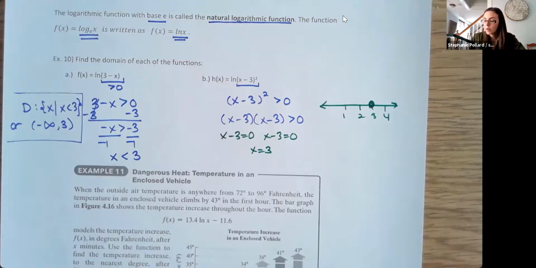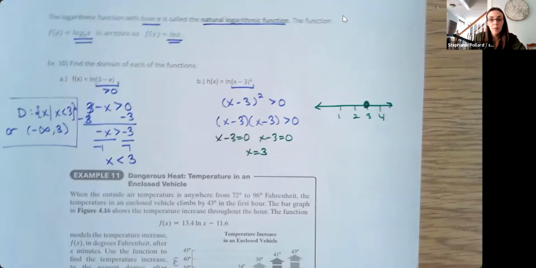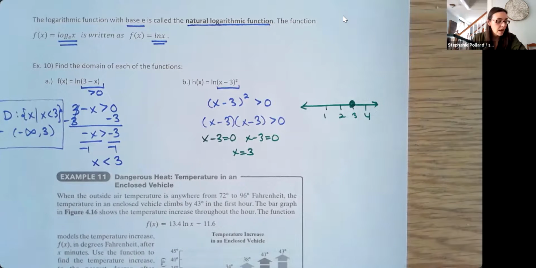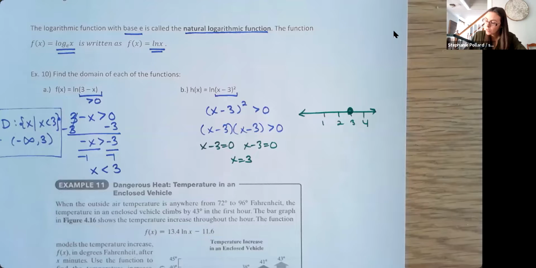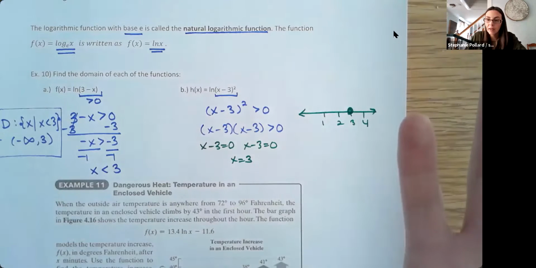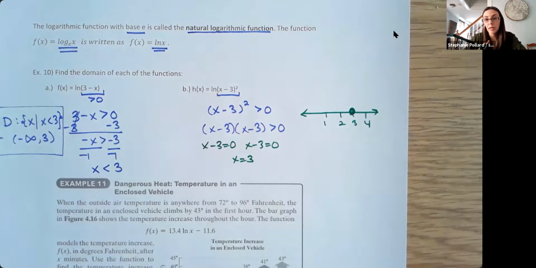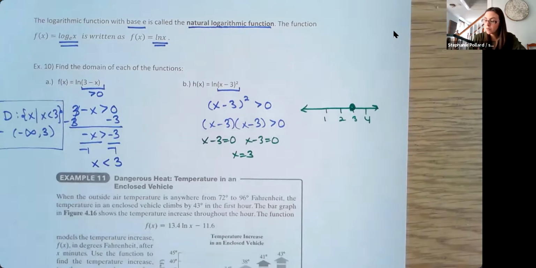So we created that boundary point, and then we were able to test and see what our issues were here. So I have to pick a test value in each area, and this goes back to chapter 3. So if you don't remember how to solve inequalities with polynomials or rationals using boundary points, then make sure to go back and review that.